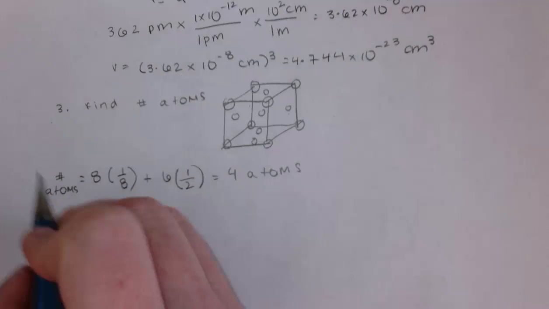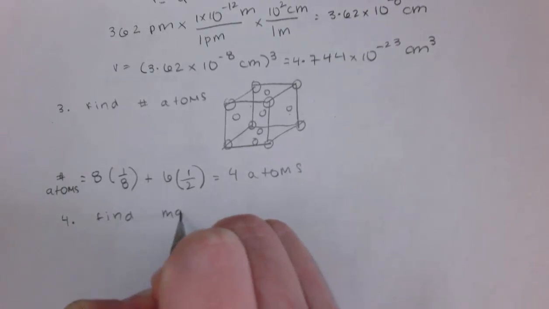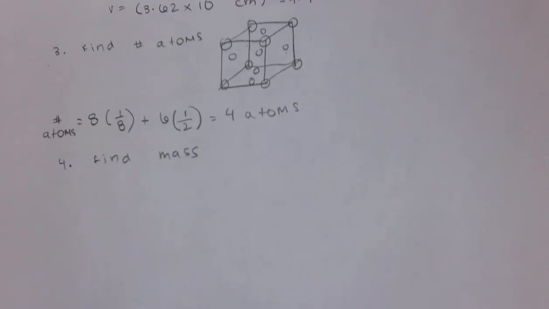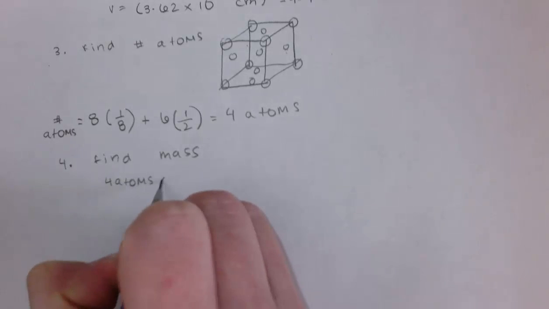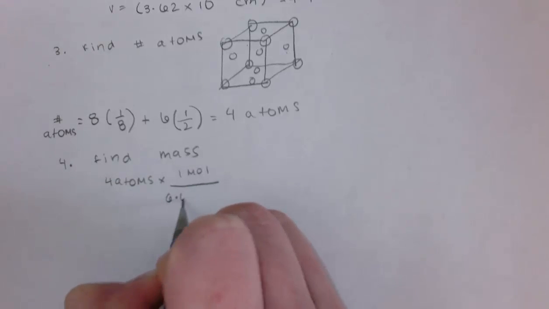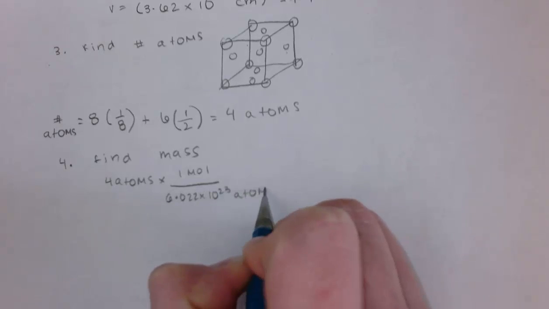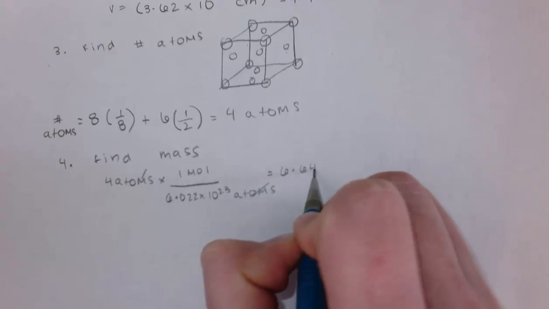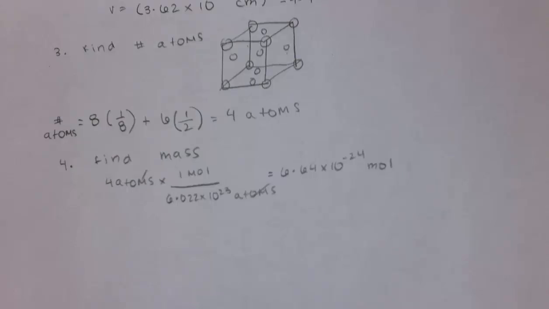And now that we've done that, I'm going to find the mass. So as I was describing earlier, we can take the number of atoms and divide by Avogadro's number. And we're going to get moles, which will be 6.64 times 10 to the negative 24 moles.